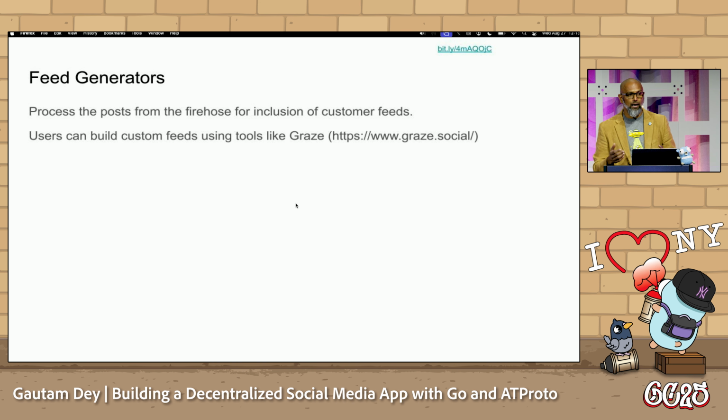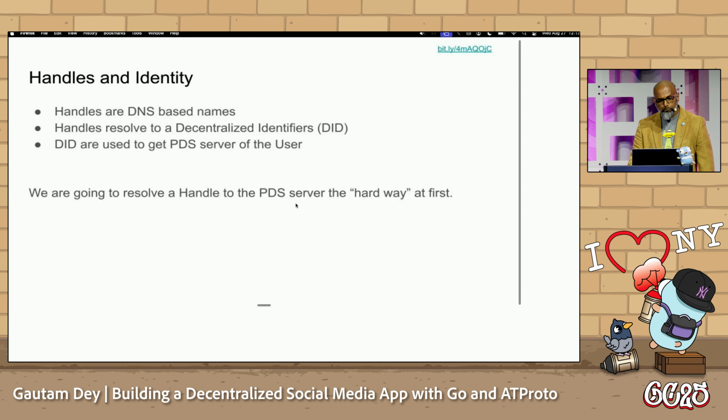Or if you want a timeline that highlights certain people only and then pushes everybody down, that's how you could use a feed generator. There's a tool called Goodfeeds that makes it very easy to build these custom feeds using a Scratch-like language, like a block-like language.